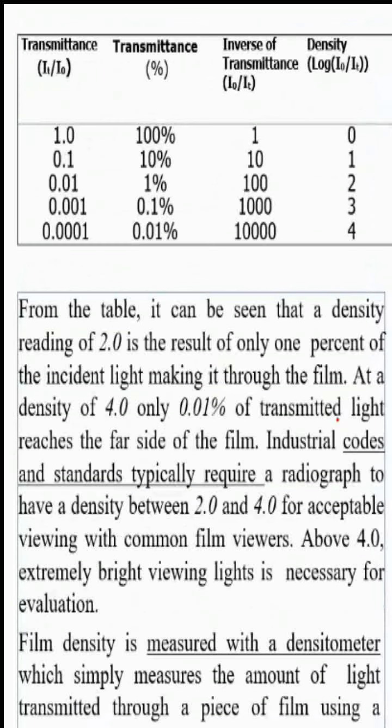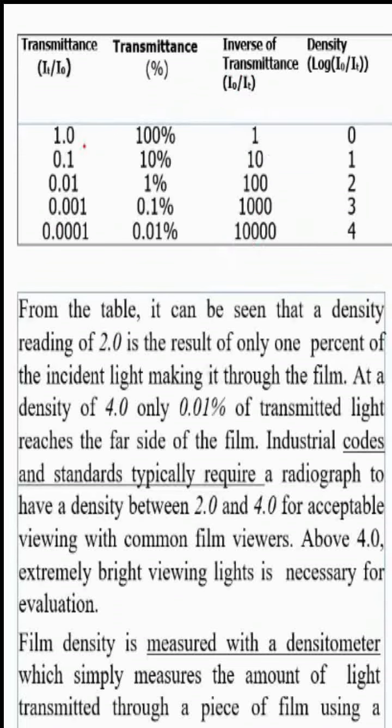So this is a table that shows you how density varies with the percentage transmittance. Transmittance is I0, incident, divided by what we get out. So the inverse of transmittance is 1 to 10,000.